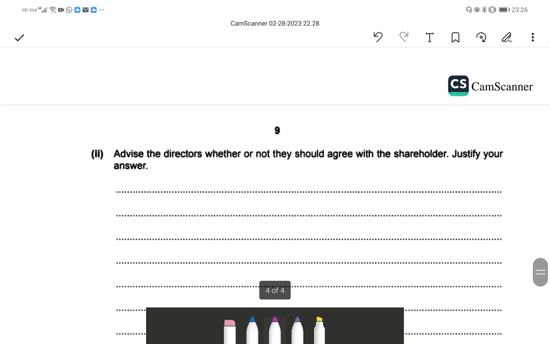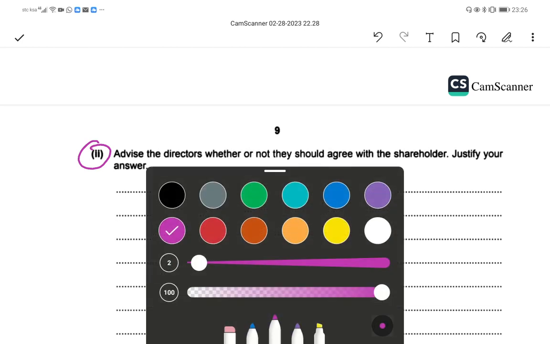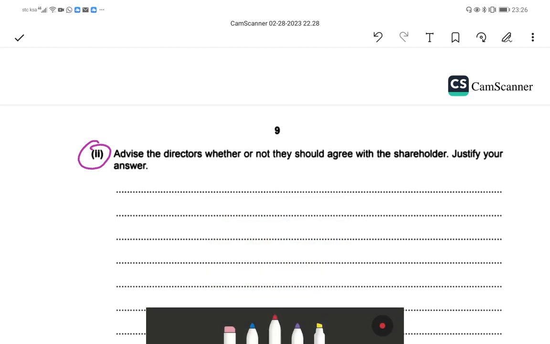D2. Advise the directors whether or not they should agree with the shareholder. Justify your answer.